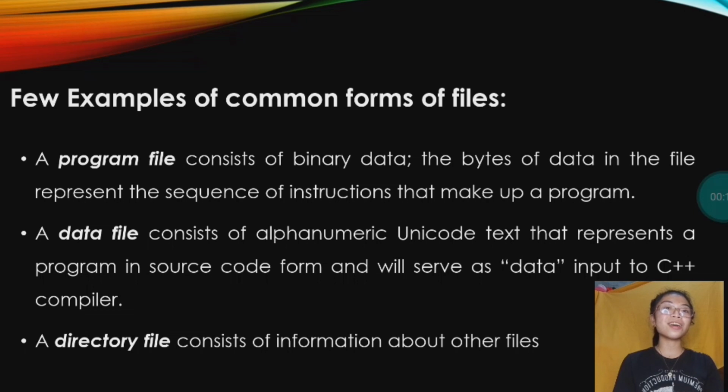It consists of alphanumeric Unicode text that represents a program in source code form and will serve as data input to a C++ compiler. And the third one is the directory file that consists of information about other files. So programs and videos are often stored as streams to be read serially one byte after another.